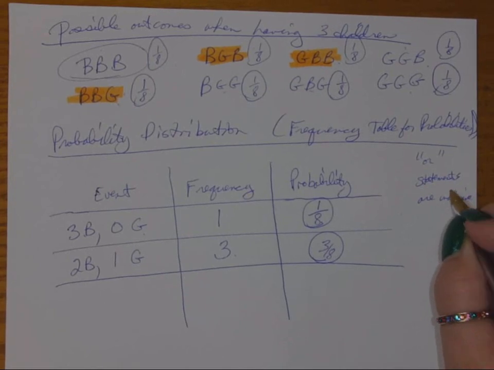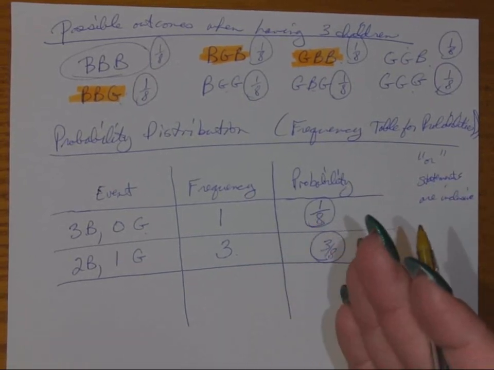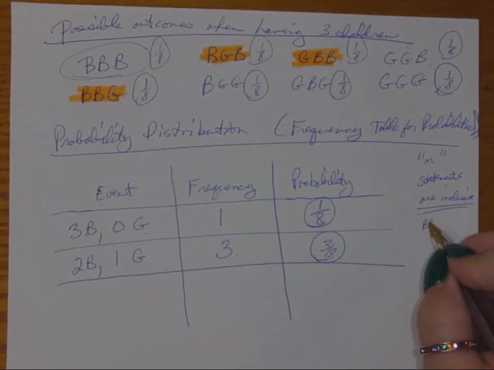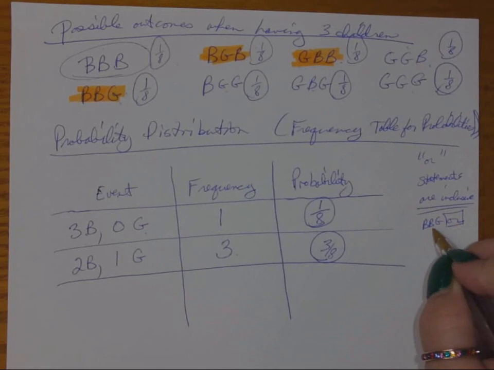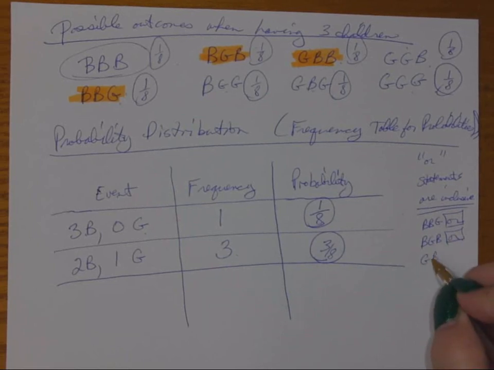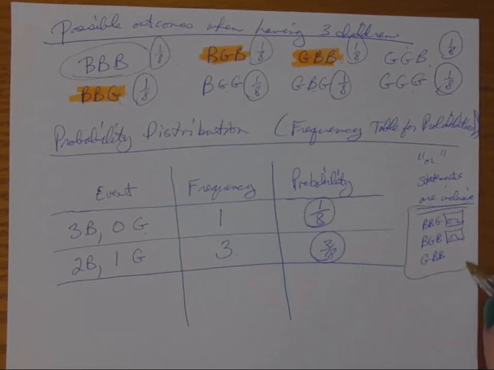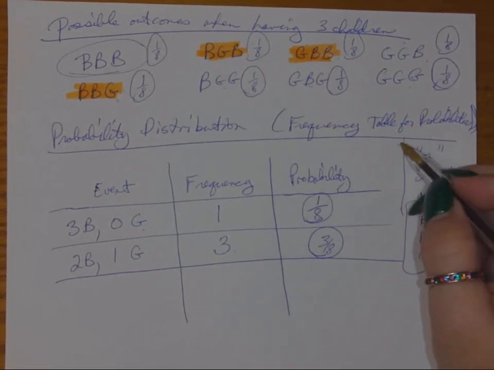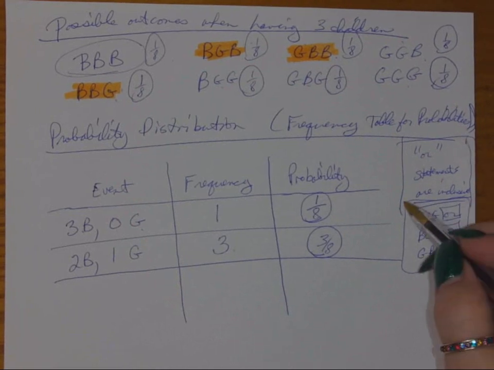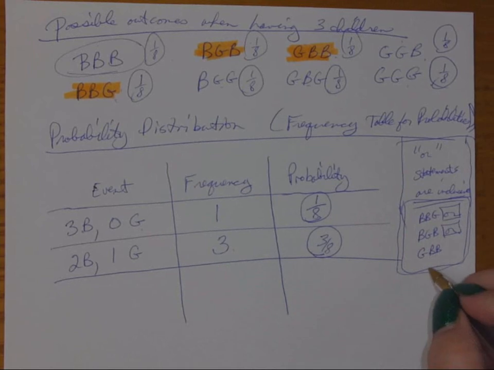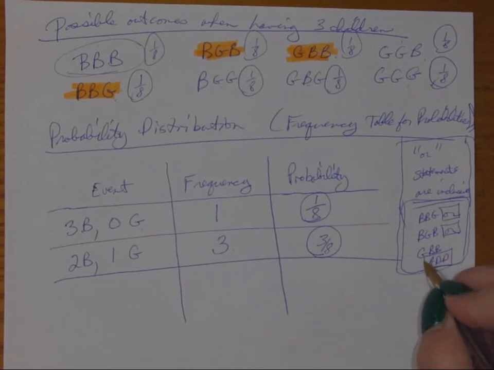So if you have boy, boy, girl, that's 2 boys and 1 girl, right? Boy, girl, boy, that's 2 boys and 1 girl. Or I want you to have girl, boy, boy. Any of these guys, I want you. So whenever we think, oh, I want this any way that this thing occurs, that's including all of them. Think to yourself, oh, I'm adding.